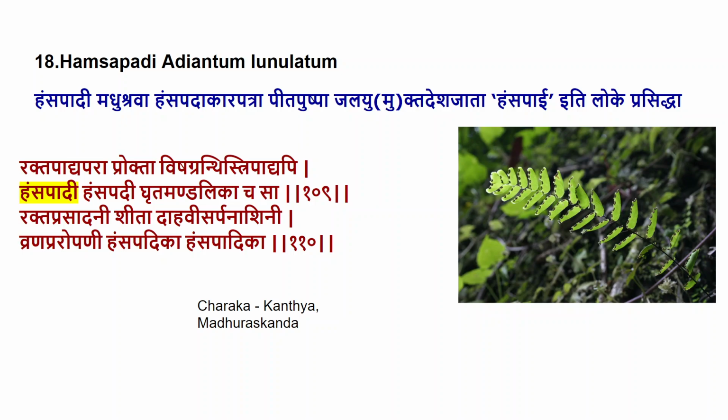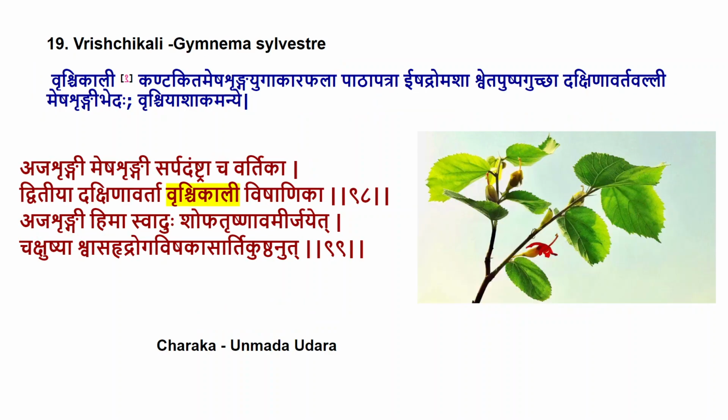Now it's having Rakta Prasadani, Shita, Dahavi, Sarpanashini, Vrana Ropani, Hamsapadika. It's a Vrana Ropana, Rakta Prasadana, Shita Virya, and it's used in Daha Visarpa. Charaka has added this plant in Kanthya and Madhura Skanda categories.